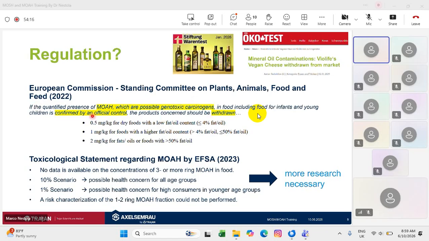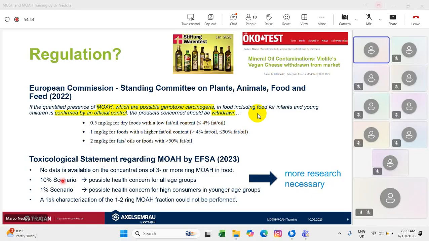And then 1% and 10% is always accounted to this number. So 1% of 0.5 or 10% of 0.5. Oh, okay. And here it would be 10% of 2 milligram or 1% of 2 milligram. Understand. So it's always based on the LOQ for the specific fat content in percentage. That was the basic idea for this scientific statement.